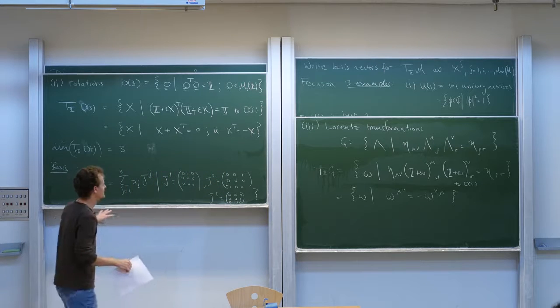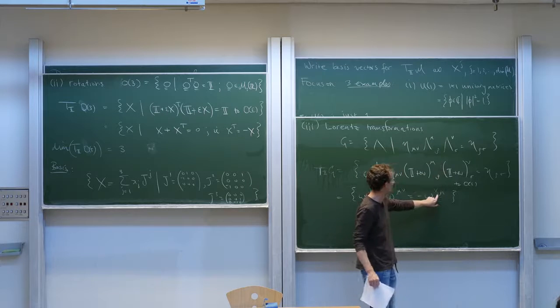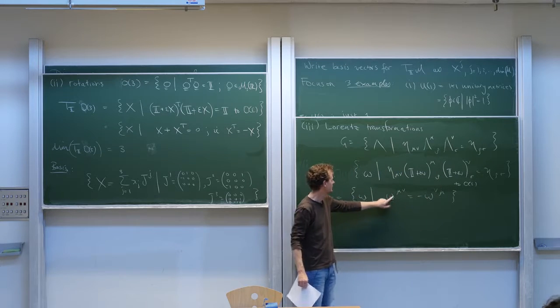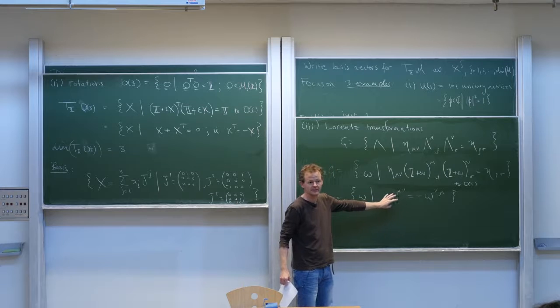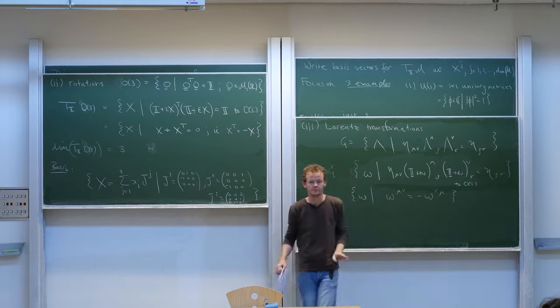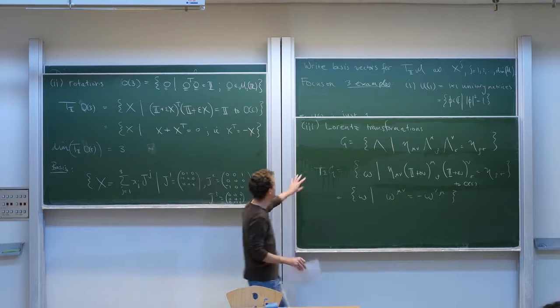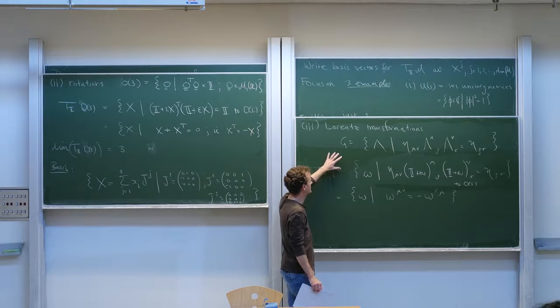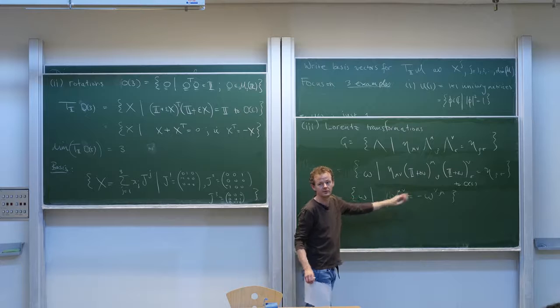See how I've raised this index to get omega with two contravariant indices. If I had expressed omega in terms of a contravariant and a covariant index, then this condition is different, right? There'll be a metric tensor. So the tangent space to the Lorentz group is a set of 4x4 antisymmetric matrices with two covariant indices.